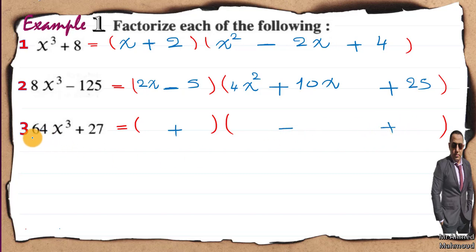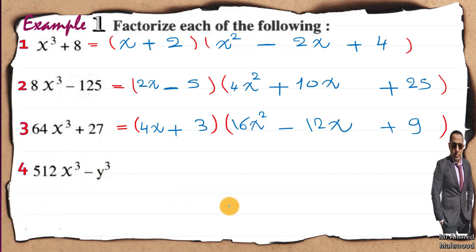Cubic root first, cubic root 64 is 4, and the cubic root x power of 3 is x. Cubic root 27 is 3. Here, first power of 2, 4x all power of 2 equals 16x power of 2. 3 power of 2 is 9, and 4x times 3 equal 12x.